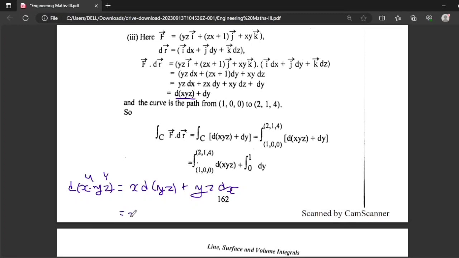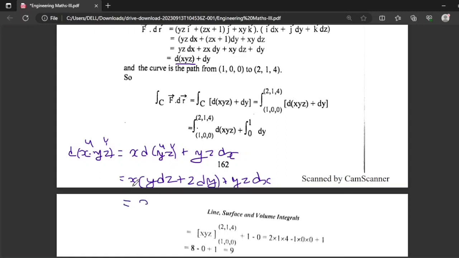Now x times the bracket, this is u and this is v, so y derivative of z plus z derivative of y, plus yz dx. This is xy dz plus xz dy plus yz dx.